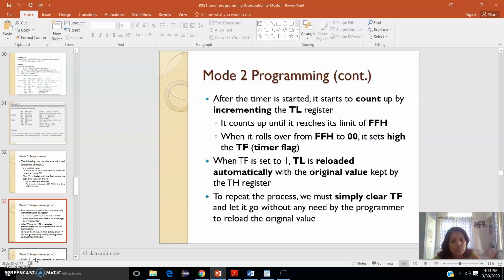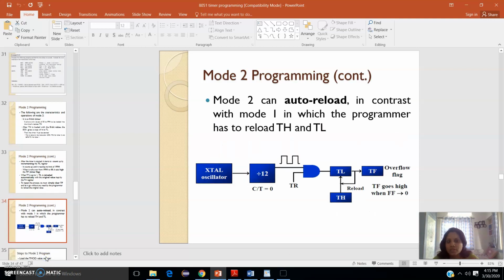So in this timer mode, mode 2 programming, you do not require to reload the TL register with the initial value. It is automatically reloaded with the value present in your program. That is the difference between mode 1 and mode 2 programming.